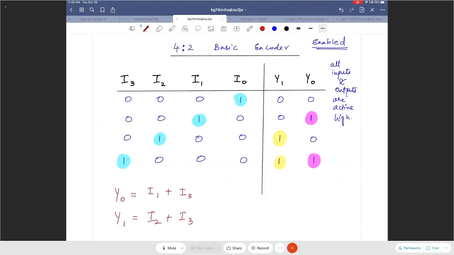That's how you are going to implement a basic encoder. 2 OR gates. That's it. That's all you need. 4 inputs, 2 outputs, 2 OR gates. That's all. Do you see something troubling here? When you see this, do you see something a little bit confusing? Anything that bothers you in this?